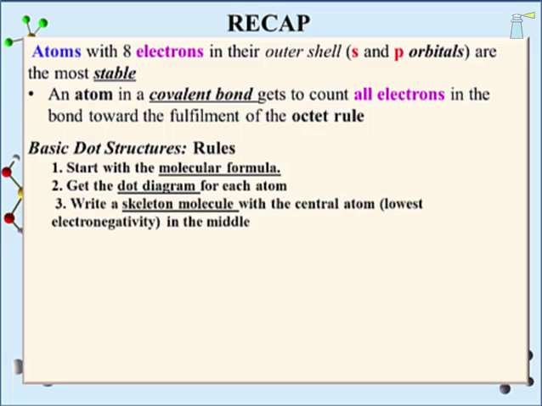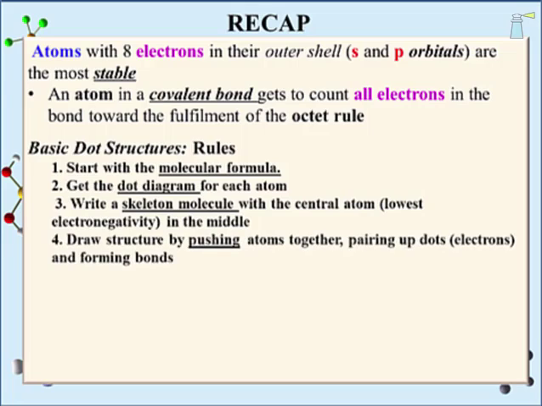Construct a skeleton with the central atom being the atom with the lowest electronegativity. The arrangement of single unpaired electrons around the central atom is a guide to the skeleton arrangement. The structure is formed by pushing together in overlapping orbitals that contain one electron or dot.